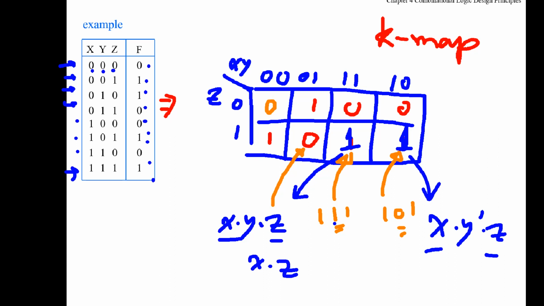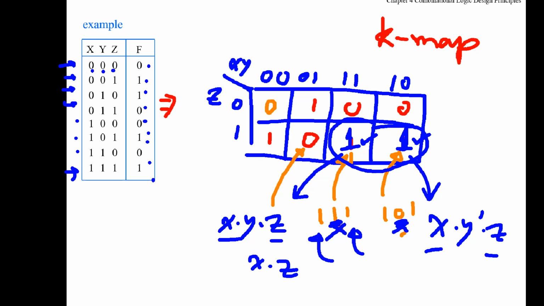Anyway, if you consider the input values of this cell and this cell, 1, 1, 1 and 1, 0, 1, that means if you consider only these two cells, the result does not depend on the value of y. Y can be 1 or 0 and not affect the result. Just keep x and z as 1, 1, and you will get the result 1 for the function.